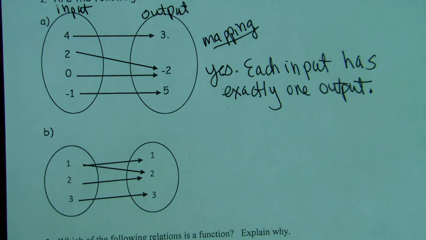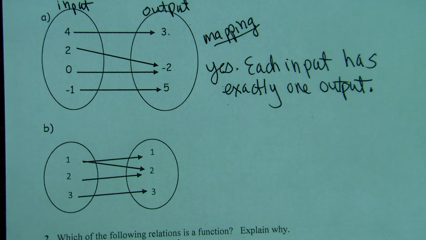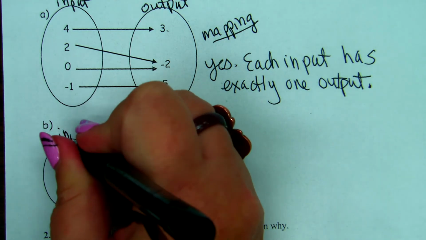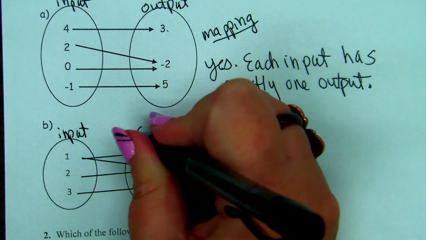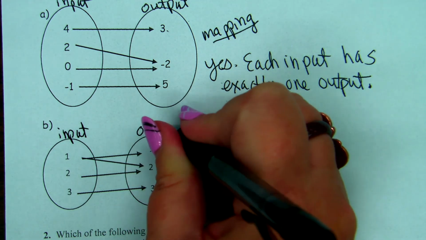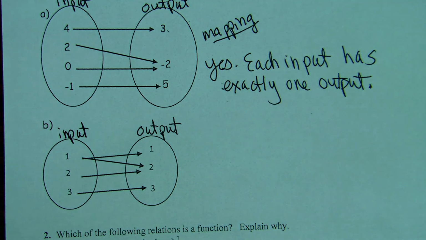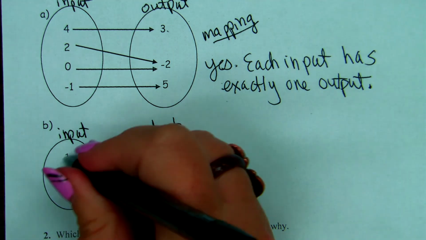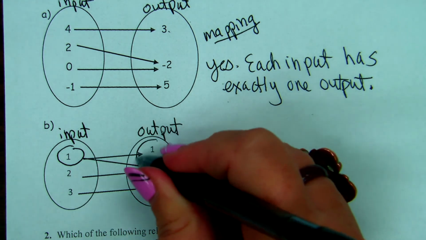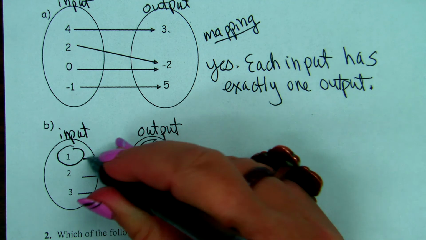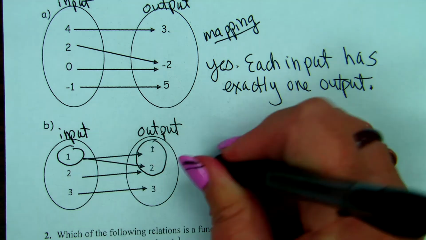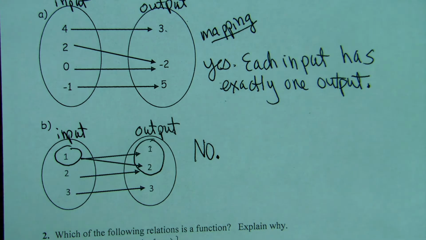Then we're going to look at the next one and see, is that the same here? Does each input have exactly one output, or is there a number that messes things up? And the number that messes things up is 1, because it is mapped to 1 and to 2. So no. And we're going to be very specific.